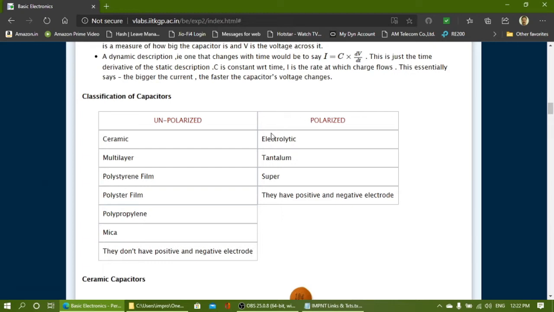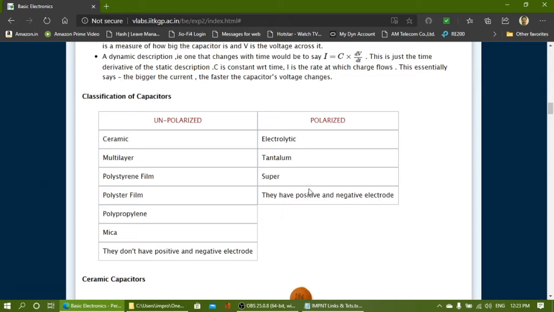Another type, polarized capacitors, includes electrolytic, tantalum, and supercapacitor. A supercapacitor is nothing but a battery, so we can compare the battery to a high value of capacitance. They have positive and negative electrode terminals.